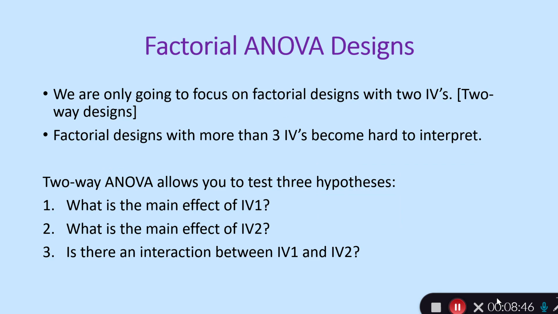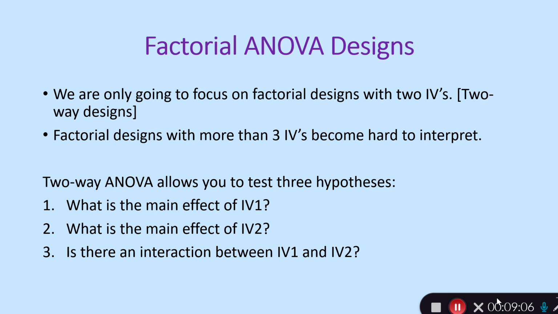so what we're going to do this week is focus on factorial designs with 2 independent variables, what are often referred to as two-way designs, and each of those independent variables will have either 2 or 3 levels.